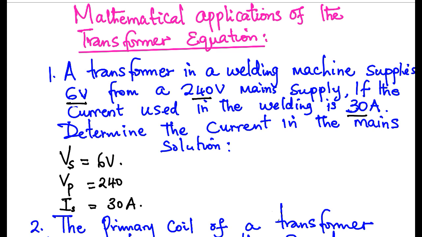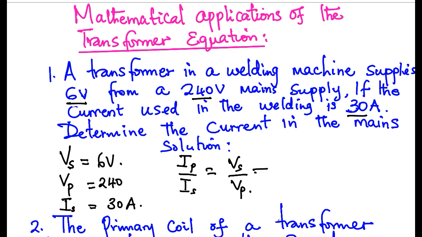So we apply the ideal transformer equation. Ip over Is equal to Vs over Vp. Primary current divided by secondary current equal to secondary voltage over primary voltage.